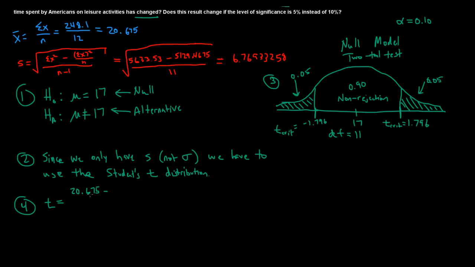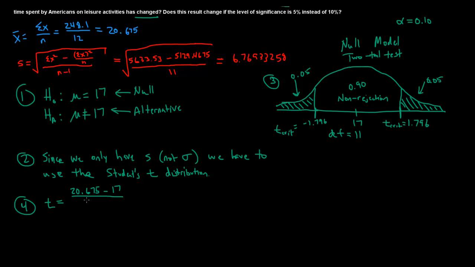So subtract off 17. Now, we need to divide by our standard error. Remember, standard error is not just standard deviation. Standard error is the standard deviation of our sampling distribution, which was the sample standard deviation divided by the square root of n.